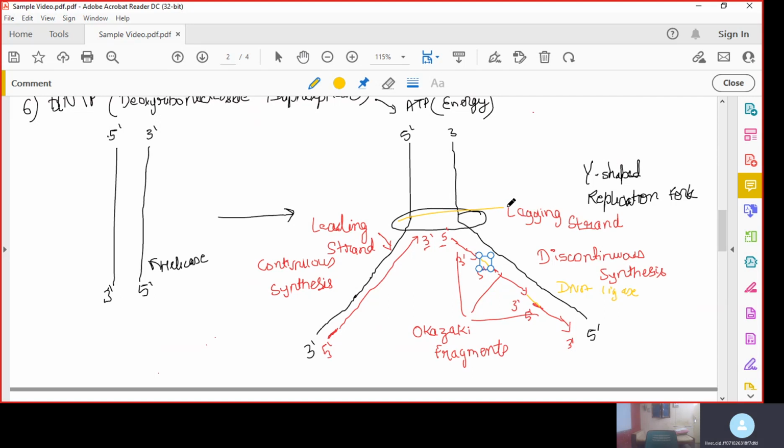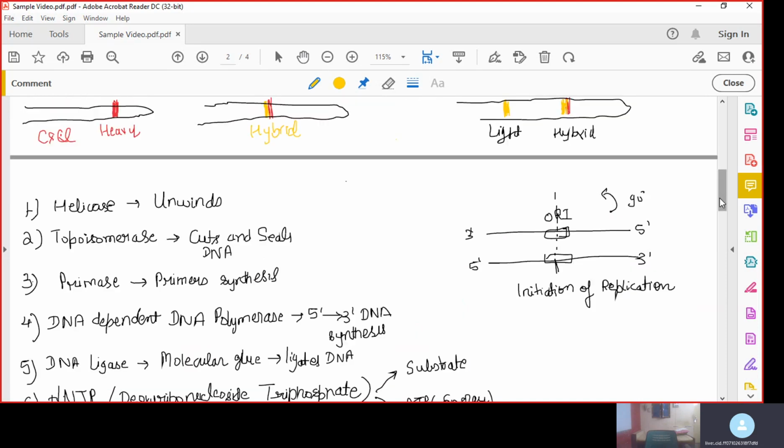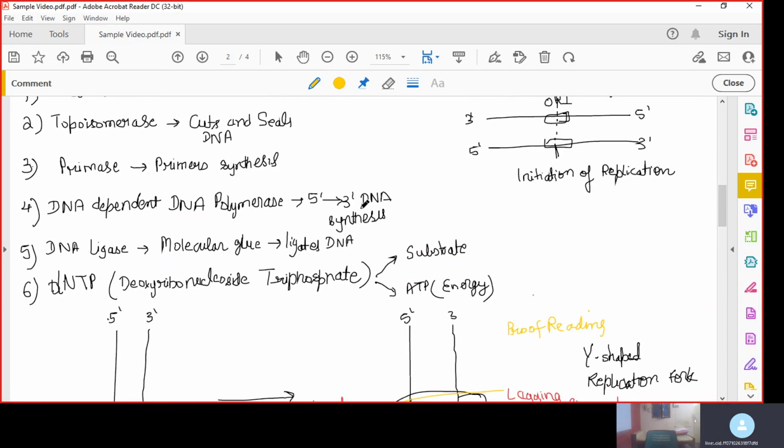Then DNA polymerase also performs proofreading. So we can add a few functions here: DNA synthesis and proofreading, which is the 3' to 5' exonuclease activity.